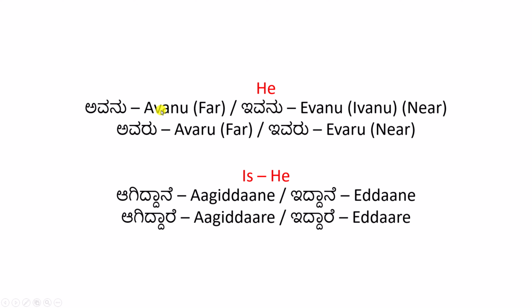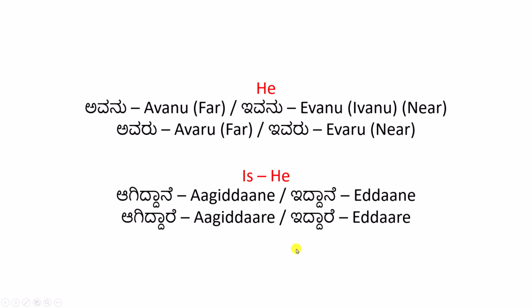Alright? Now, when you choose this or this for he, you have to choose this or this for is.